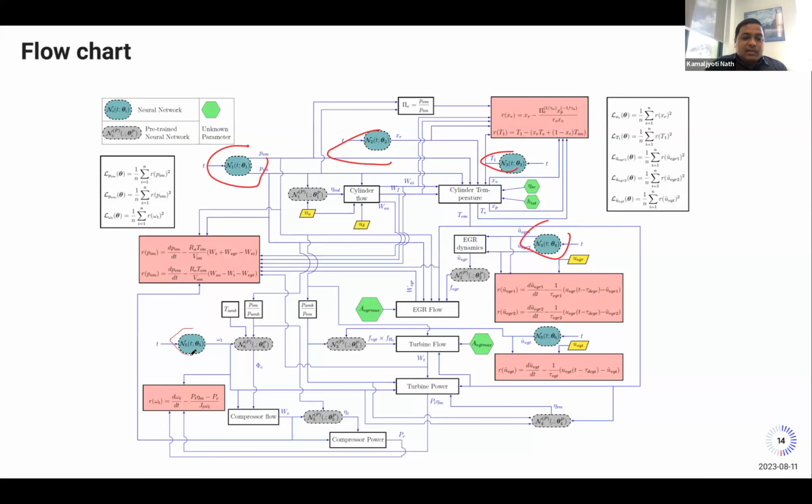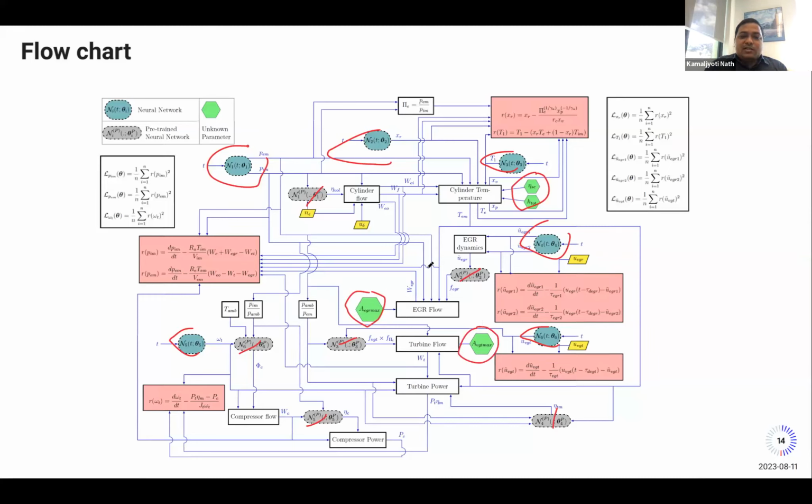Then one is here, under here. Then 6 P-chain networks, one here, here, here, and then four unknown quantities. These 2 are in the cylinder and the exhaust. This is for the EGR, and this is for the VGT.